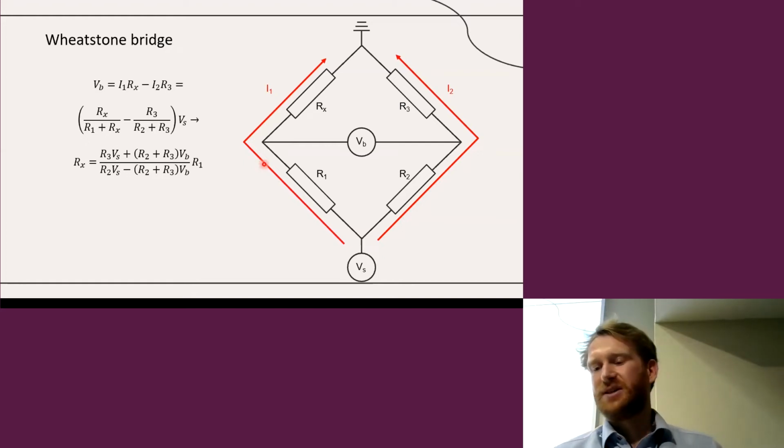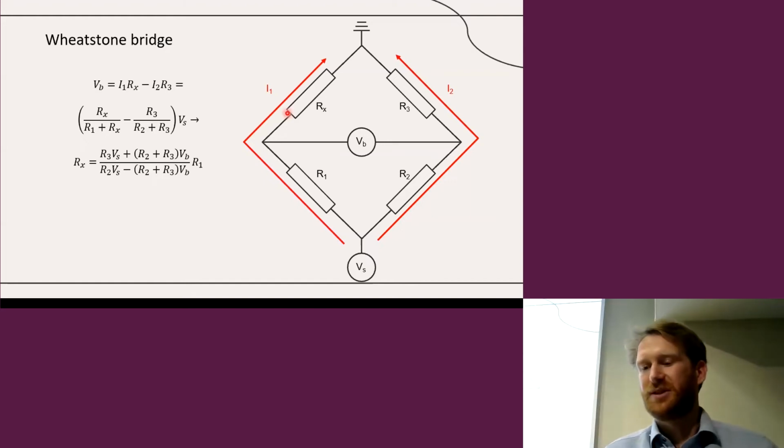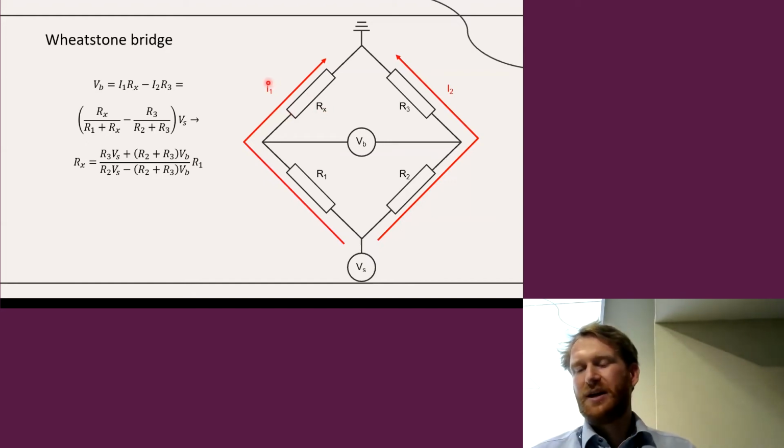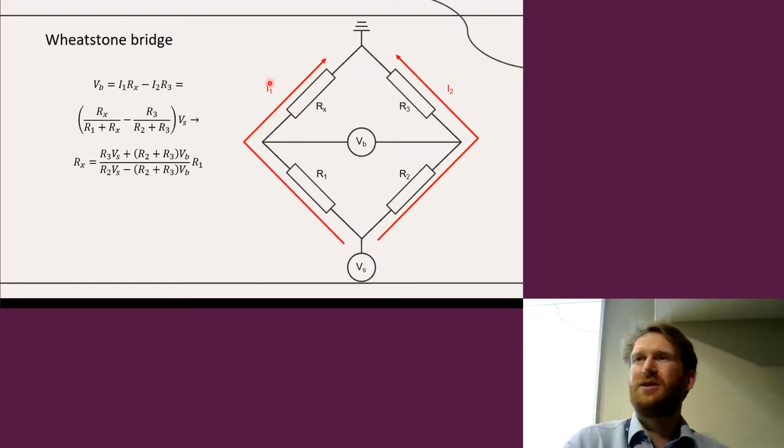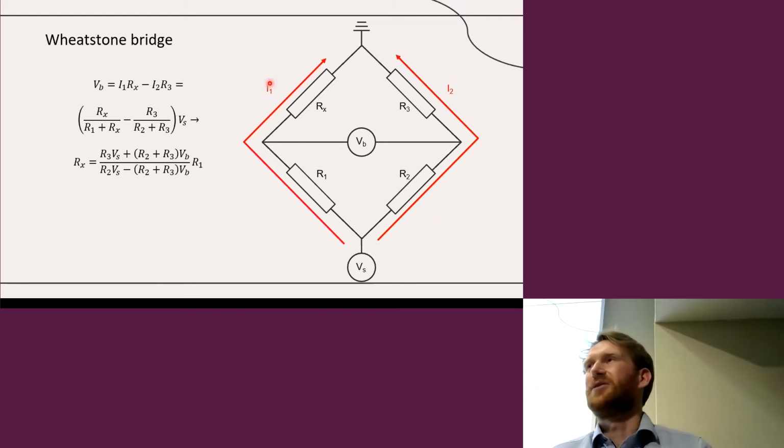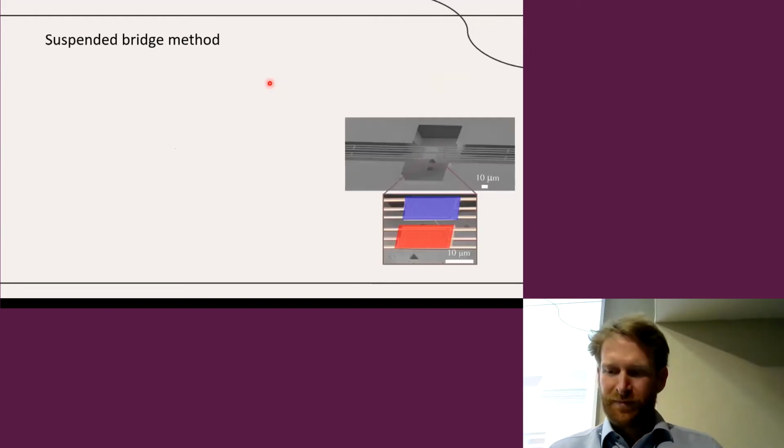But when you start changing one of the resistances, you start building up a voltage difference between these two legs. As such, you can measure the resistance change directly rather than measuring the absolute resistance and doing a differential measurement like that. So this is these days a crucial element in all the electronic measurements.